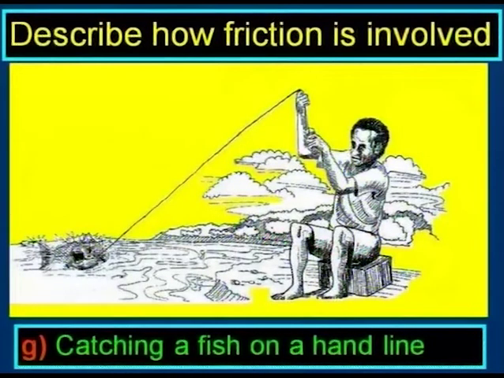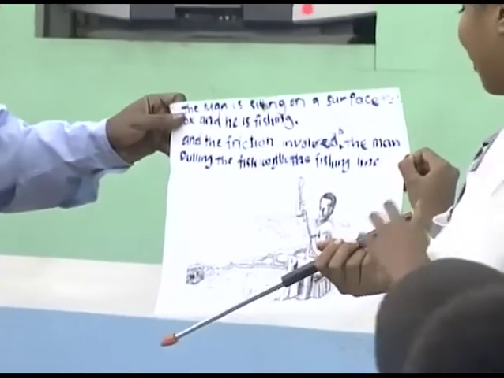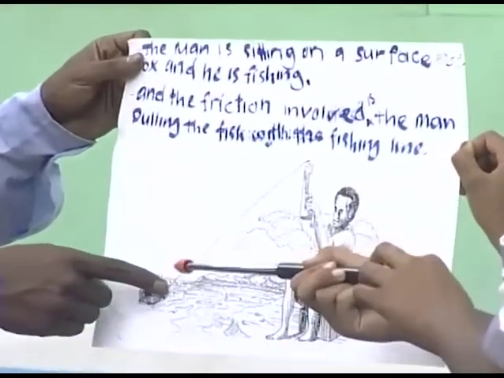Where do you think friction is occurring? Point to the place where friction is occurring. There. Okay, there and there.